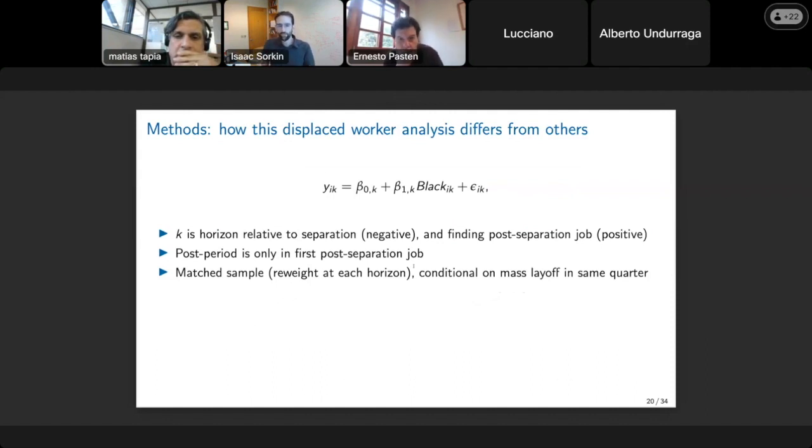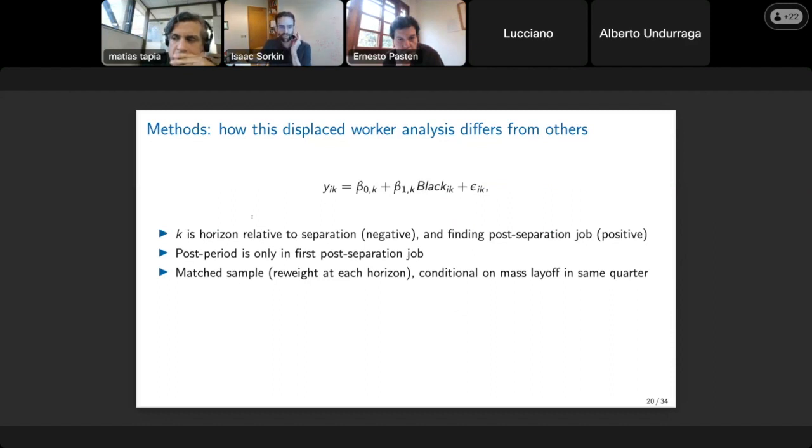In general, I'm going to present results of regressions that look like this: I'll have some outcome for worker i at horizon k, an intercept, and an interaction with whether or not the worker is black.